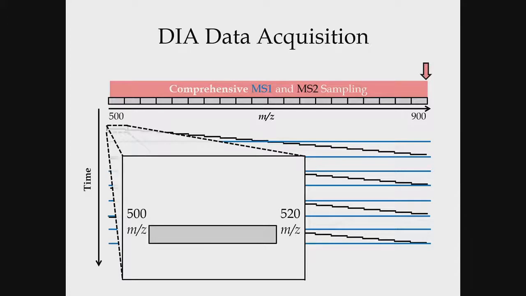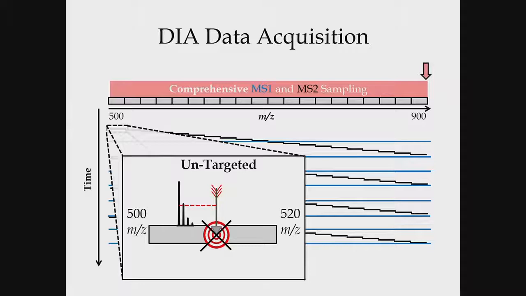The MS-MS events are untargeted. So what do I mean by untargeted? In a DDA experiment, we trigger an MS-MS event centered on the target of interest, defined by the MS1. In parallel reaction monitoring, we target it, so we center that isolation over the precursor of which we have a hypothesis that we're interested in.